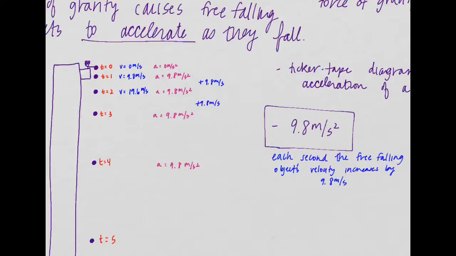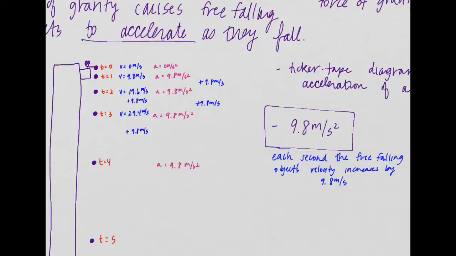So what will my velocity be, how fast will I be going at 3 seconds? My velocity here will be 19.6 plus 9.8 meters per second, because that's what my acceleration gives me: 29.4 meters per second. Then the next second goes by, I'm going to be traveling plus 9.8 meters per second faster.